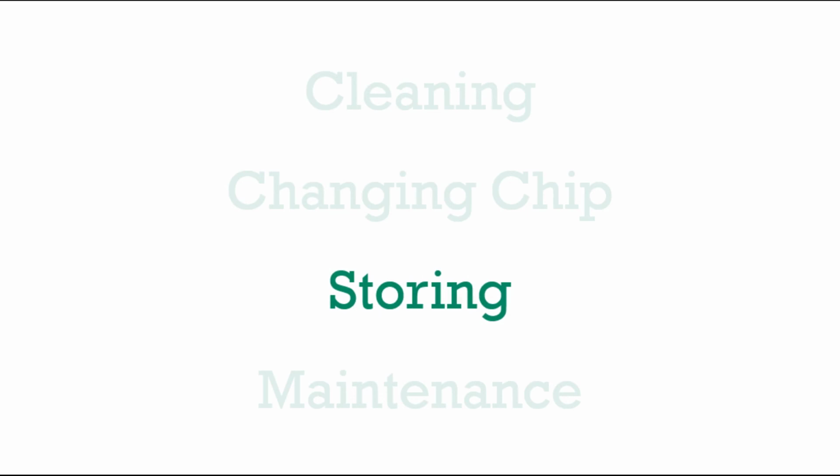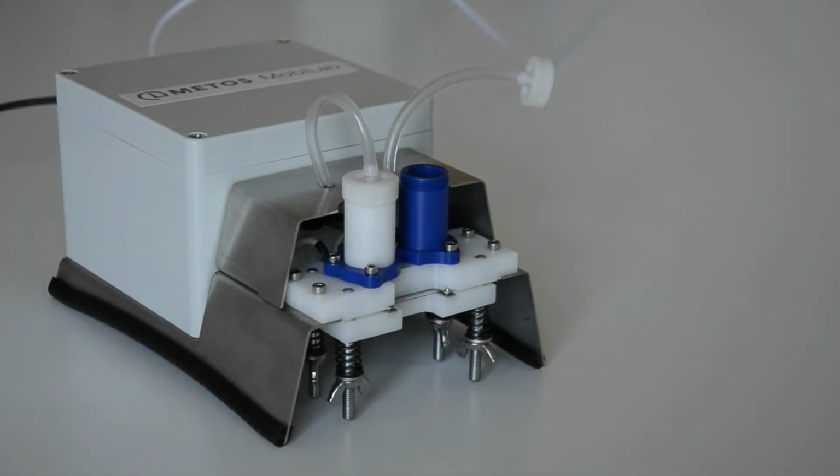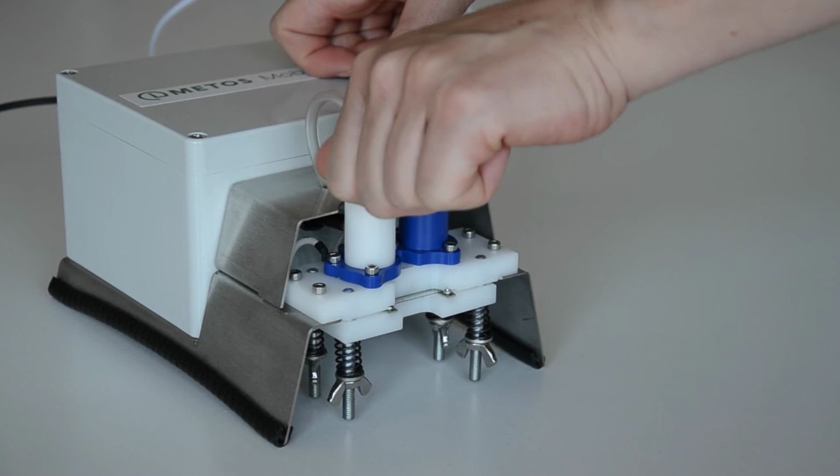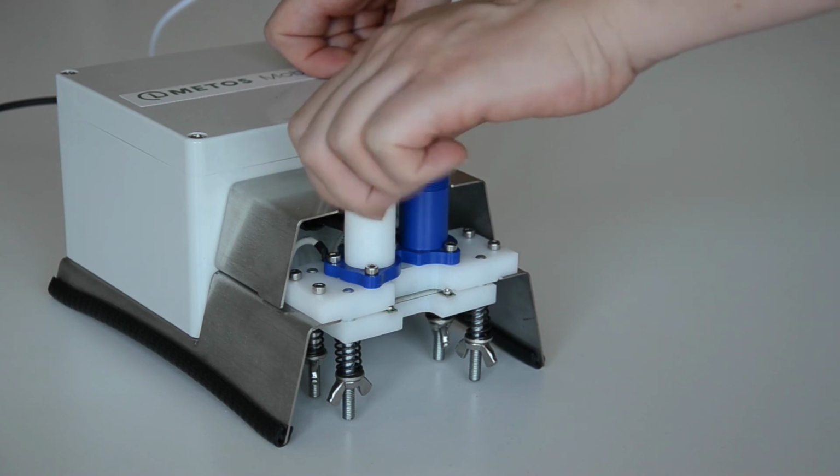The device can be stored after cleaning of the chip. All liquids must be removed from the device. The buffer containers should remain open and the device is stored upside down so that rest liquids can run out.